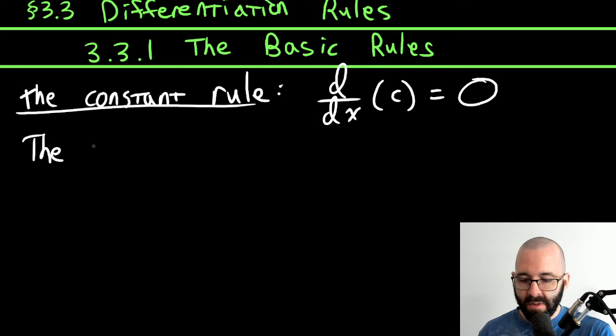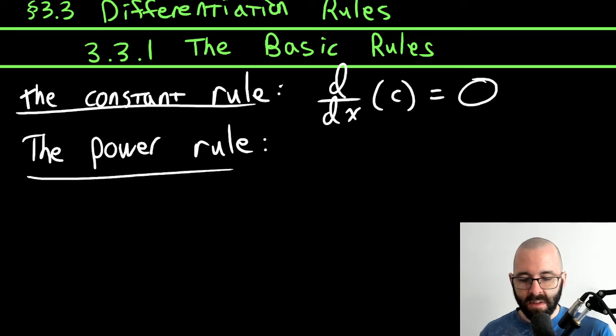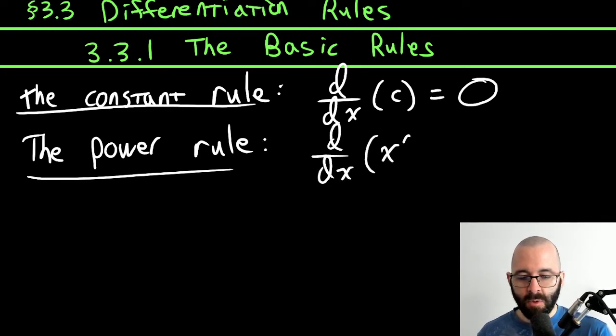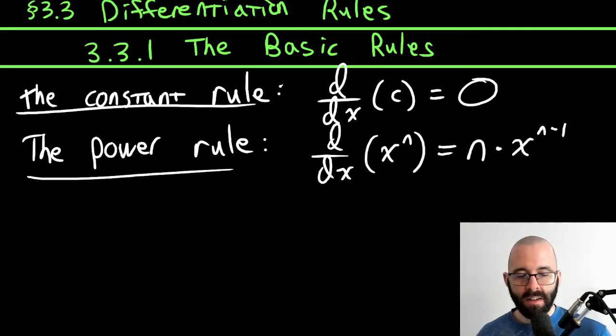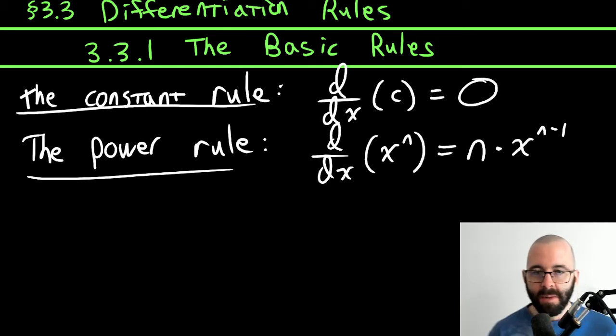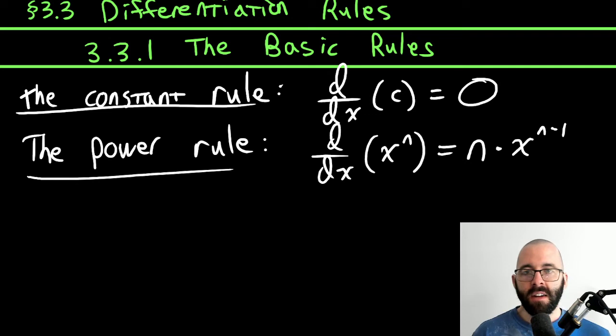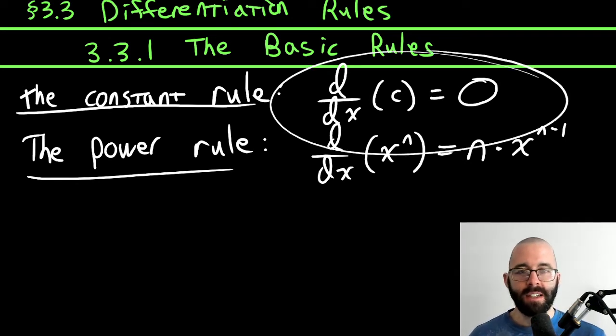All right, we're also going to have the power rule. This one is maybe the most famous result. This says that the derivative of x raised to any power is the exponent times x, but now the power gets subtracted by 1. So this power rule is very, very famous. There's a cool little proof. The proof of this rule is pretty easy.